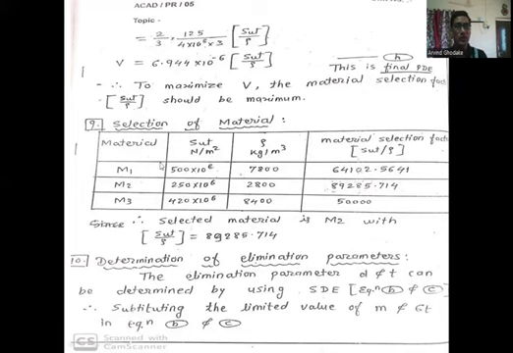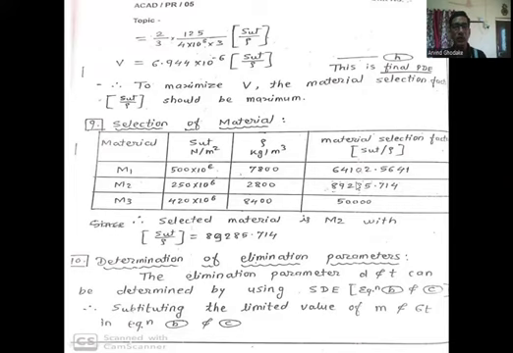Therefore, in next selection of the material, by simply considering the material parameters, that is SUT and rho, we are calculating the material selection factor SUT upon rho. So here you will get the values for first material, second material, and third material. That is the material selection factor for M1, M2, and M3. So the selected material is M2 with SUT upon rho.